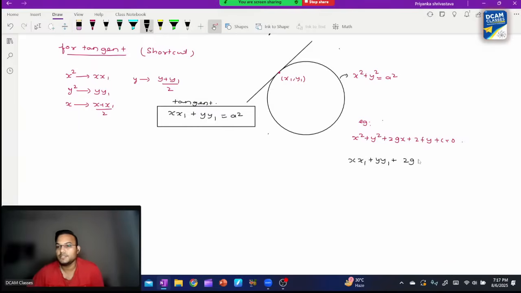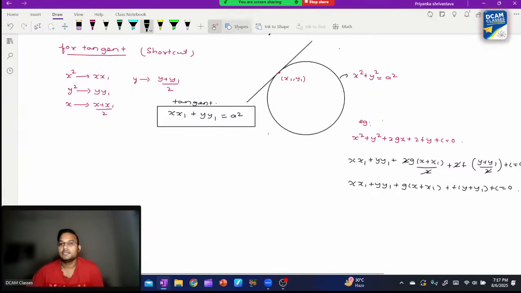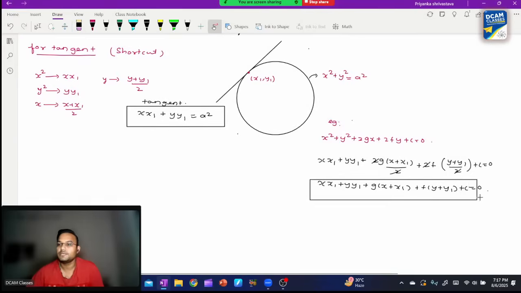So it will be 2g into (x plus x1) by 2 plus 2f into (y plus y1) by 2 plus c is equal to 0. The 2 will get cancelled. The equation of tangent will be x1 plus y1 plus g into (x plus x1) plus f into (y plus y1) plus c is equal to 0. This is how this shortcut works, and it gives you the result very quickly.